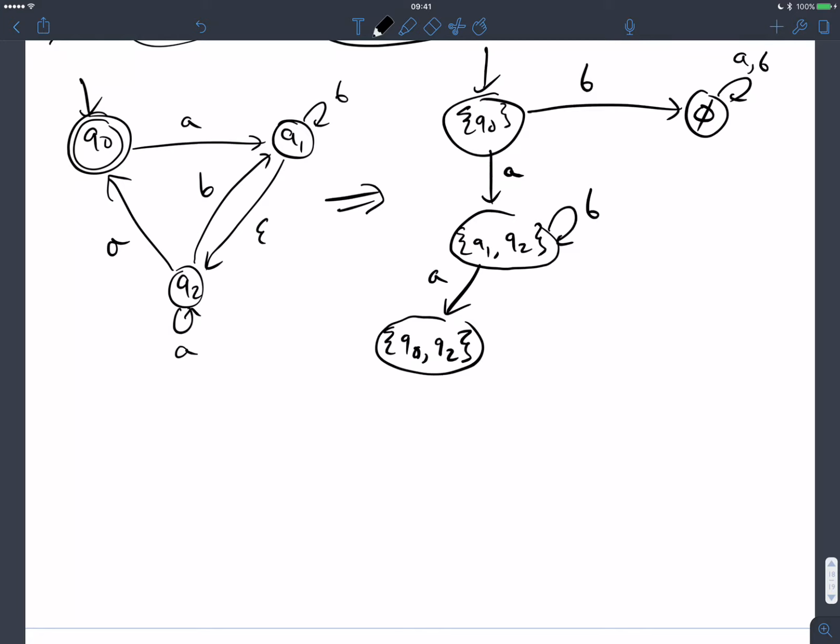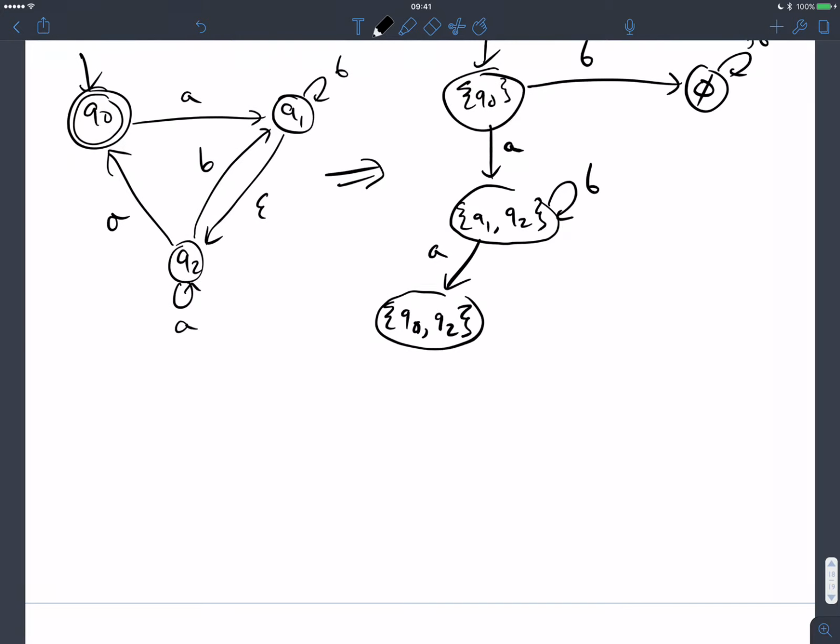Almost home free. Q0, Q2, where can I go on input A? Q0, where can I go on A? Q1. Ignore Q2 for a second. Q2 on A, where can I go? Itself or Q0. So I make a new state, and those are all the states, so I don't even need to check epsilon closure.